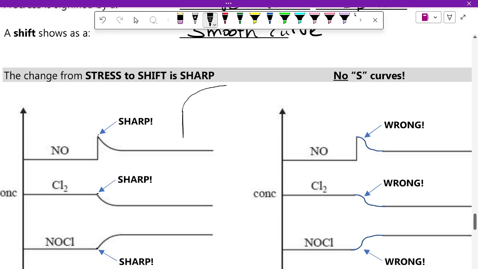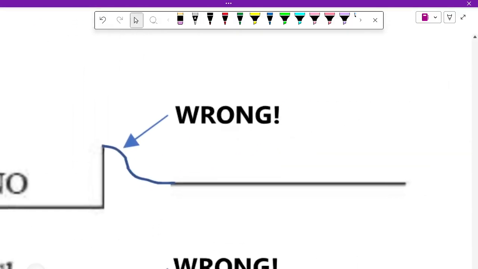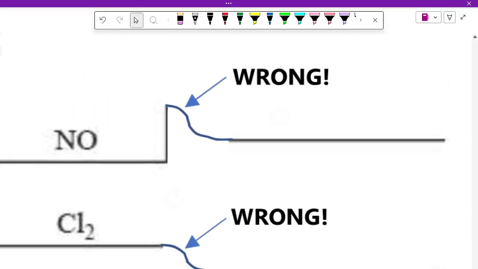And that does not look like a sharp point. So rather than saying that the stress to shift is sharp, what I want to say is that we should never have an S curve. Okay, this is an S curve. It looks like a reverse S in this case.